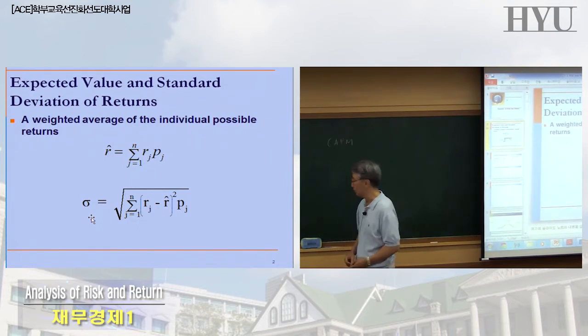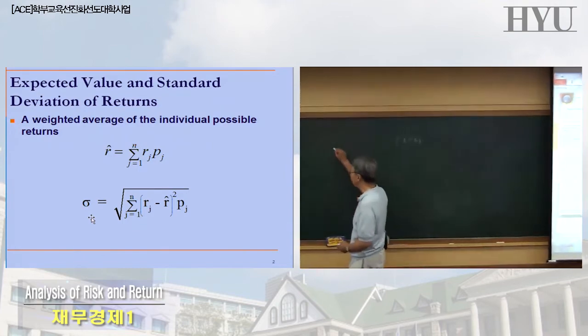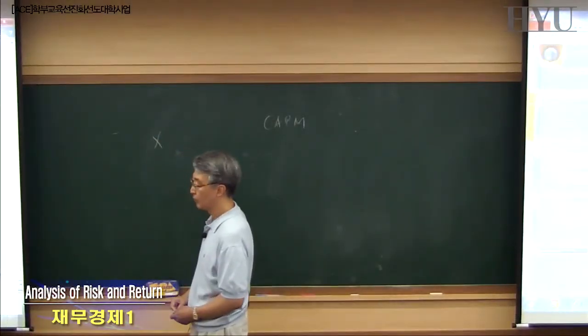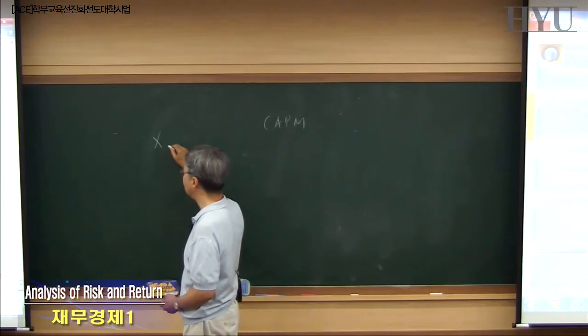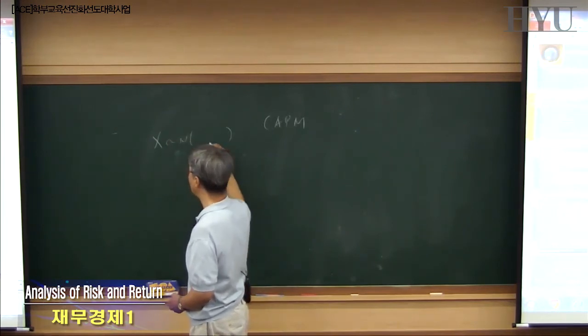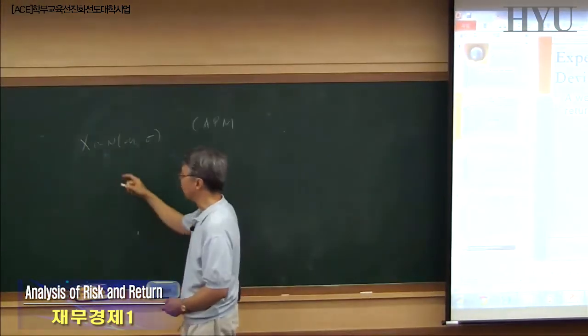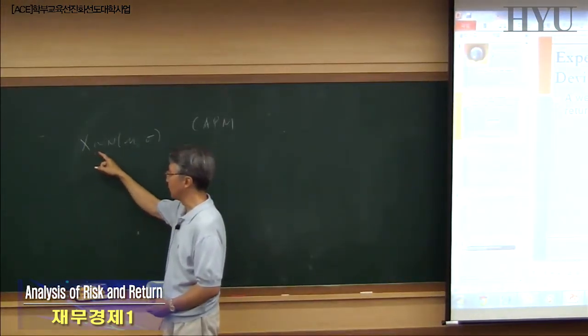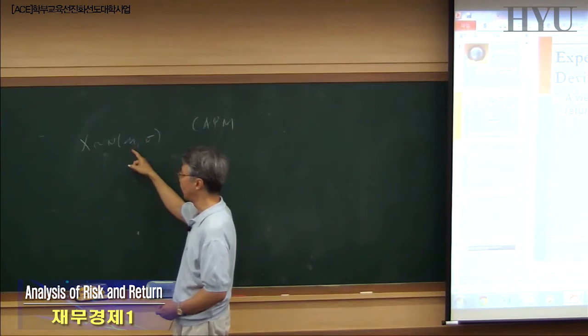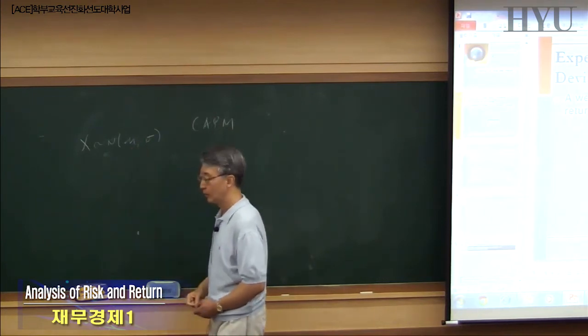In statistics, if you want to understand any random variable, we use this notation. What that means is a random variable x is distributed normally with a mean value of mu and standard deviation of sigma.